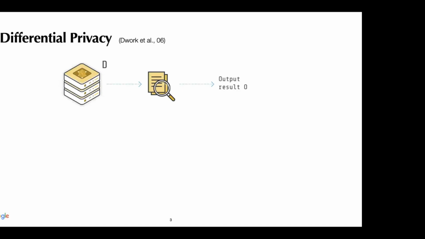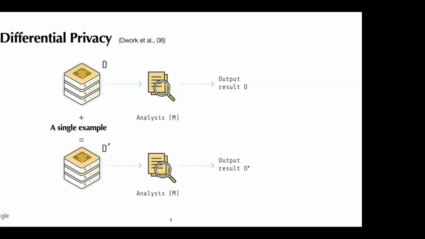On a high level, I guess most of you already know that, but let me briefly revisit it. Imagine you have an original data set, denoted as D, and you have some kind of analysis or training algorithm on top of D, and you observe the output is O. And imagine you have another data set where you only introduce a single example into the original D, and you get D prime.